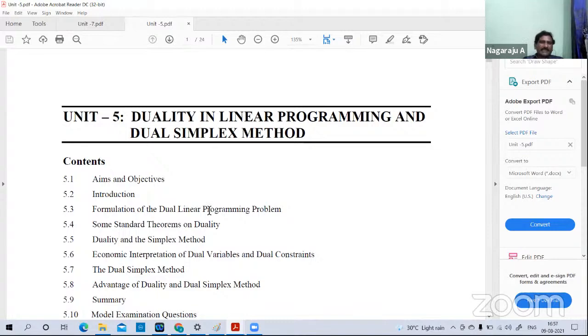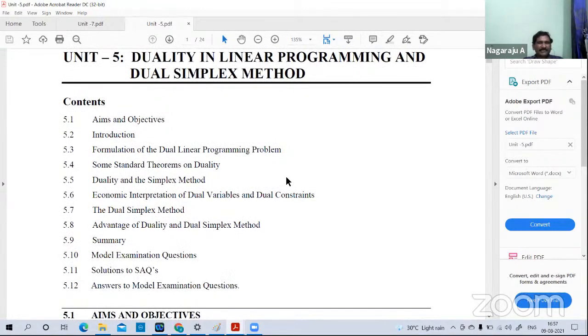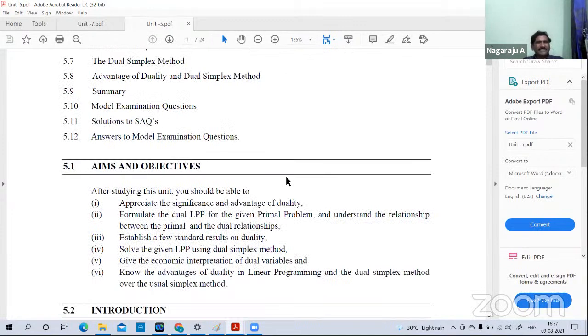Next, in this duality, what I mentioned is that all these things come under the introduction part. Your aim is the significance and advantages of duality and the formulation of the actual primal linear programming problem. How do we convert it to the dual linear programming problem? When do we convert the dual into the primal linear programming problem also? That is the conversion, dual to primal and primal to dual.